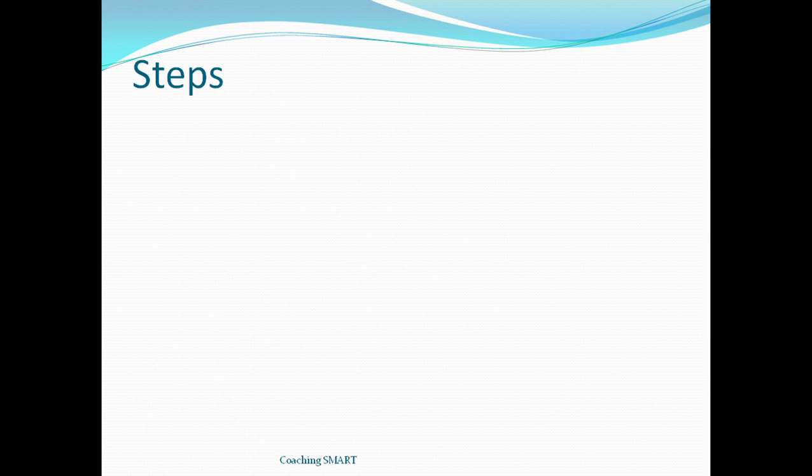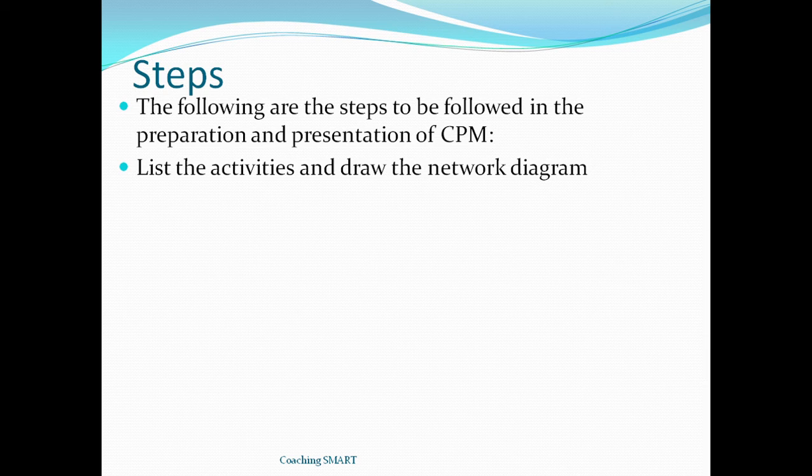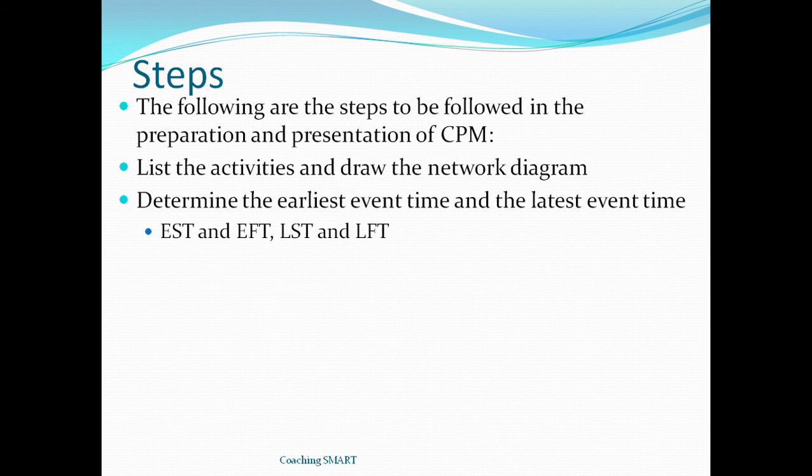Steps to be followed in the preparation of critical path method. The following are steps to be followed in the preparation and presentation of critical path method. 1. List the activities and draw the network diagram. 2. Determine the earliest event time and the latest event time. How do you get that? You need to establish the earliest starting time and the earliest finishing time for the earliest event time.